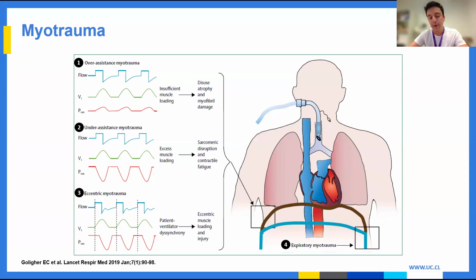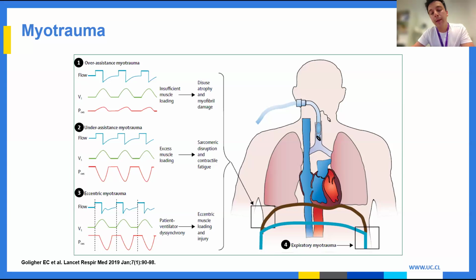The first one is the very well-known over-assisted myotrauma, because if we have very low efforts, it's highly likely that the diaphragm will have some disuse atrophy, we will have some myofiber damage because of disuse. So it's really important to maintain some adequate effort in order to avoid diaphragm atrophy.